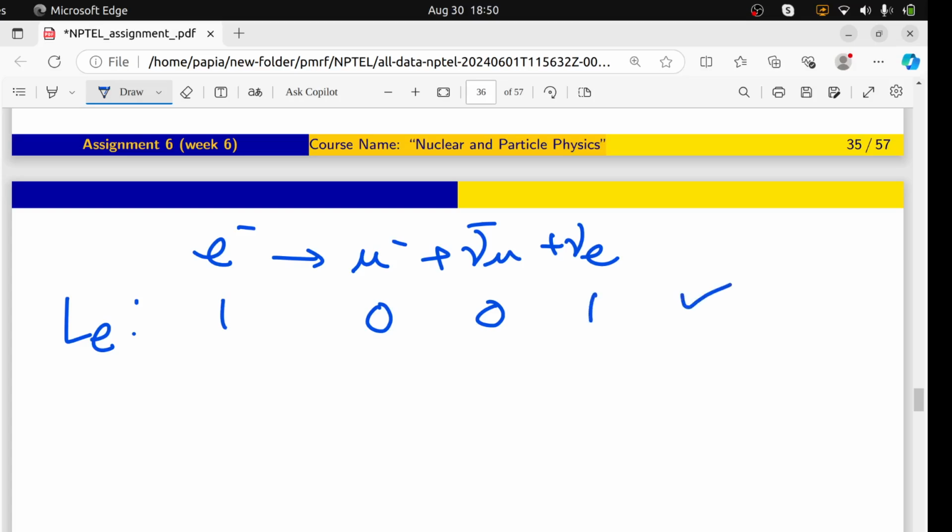So Le is also fine, delta of Le is 0. Now L mu: on the left it is 0. For mu minus it is 1, for nu mu bar it is minus 1, and nu e is 0. That is also fine because plus 1 minus 1 is 0, and on the left-hand side it is 0. So L mu is also fine.